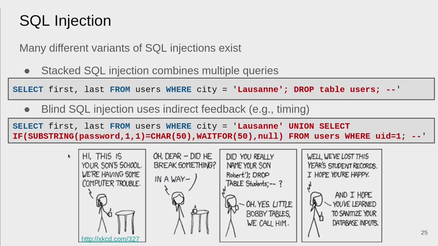We can also do blind SQL injection if we don't get anything in return. If the web application doesn't copy the data back to the attacker, the attacker could use timing. Select first, last, and so on, and the injected string becomes where city equals Lausanne, tick, union, select if substring password equals character 50, wait for 50.